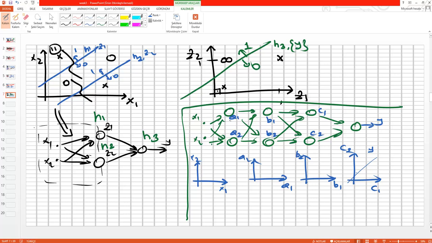Okay? If we have more than one layer, we will call it to what? To deep network. If we want to train the deep networks, we need to what? Deep learning. This is the basic definition of the deep learning. Okay?